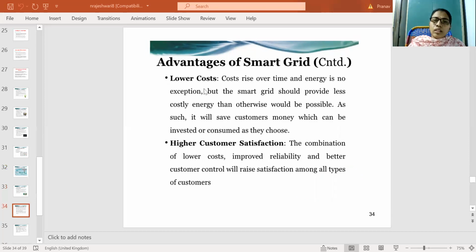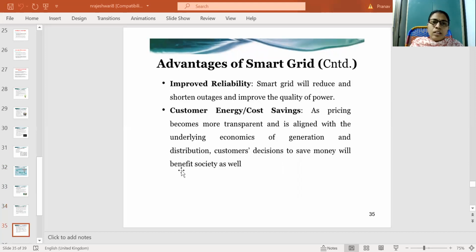Coming to lower cost, costs rise over time and energy is no exemption, but the smart grid should provide less costly energy than otherwise would be possible. As such, it will save customers money, which can be invested or consumed as they choose. Higher customer satisfaction: the combination of lower cost, improved reliability, and better customer control will raise satisfaction among all types of customers or consumers.